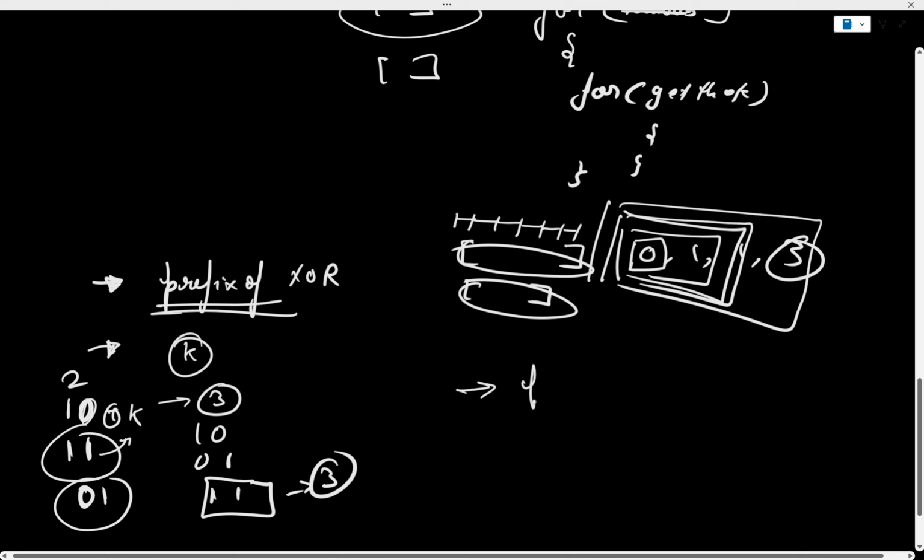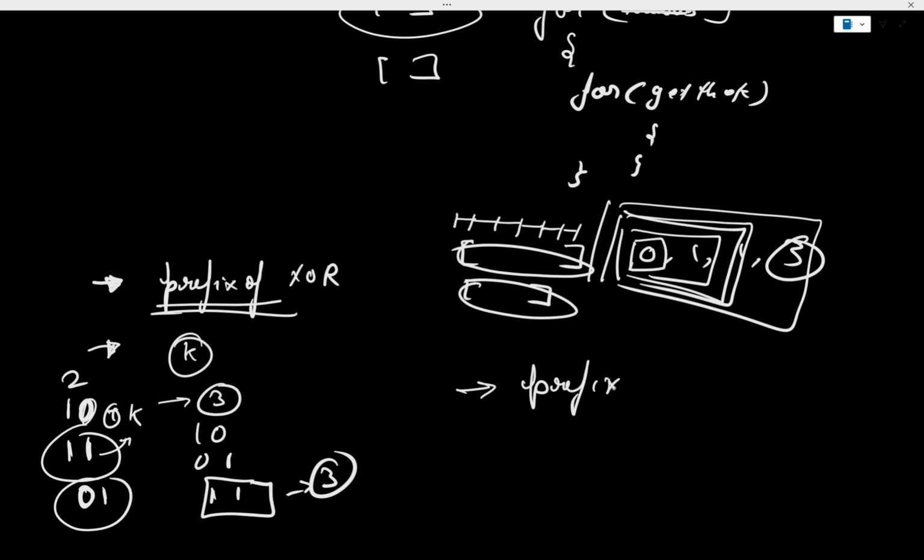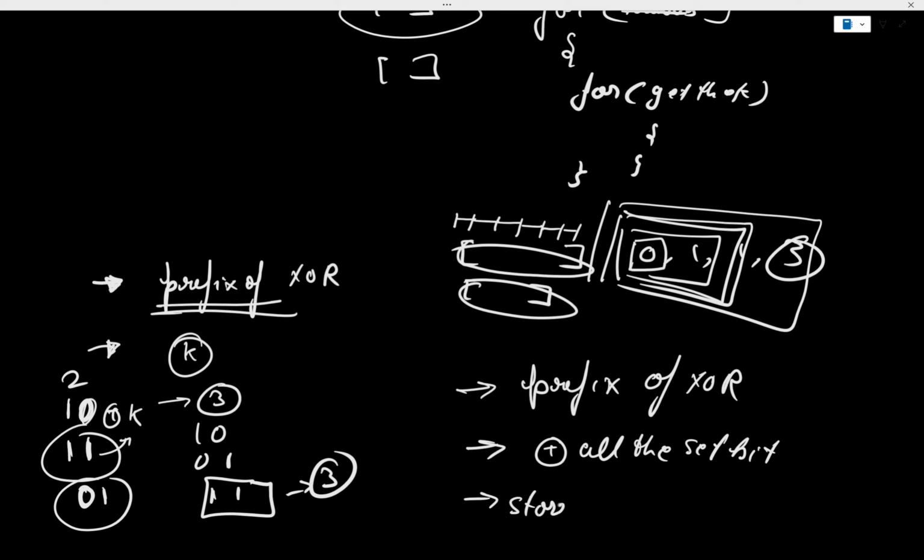So this is what we'll do. We'll have the prefix of XOR, and then we'll have to find that k. We'll do that XOR only one time with all the set bits, and store it in the vector.